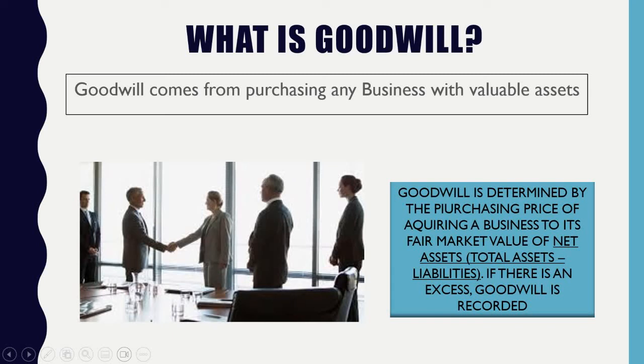And what we have to do, when we purchase the other company, is look at what their book value is and, when we appraise it, what the fair market values are. We're going to have to determine whether we gained out of this sale or lost out of this sale.